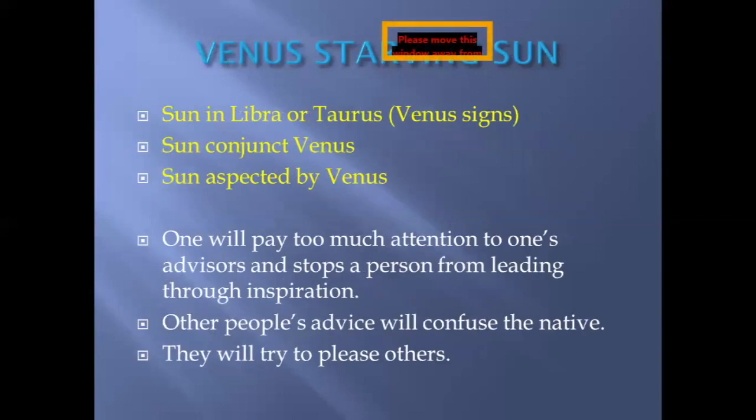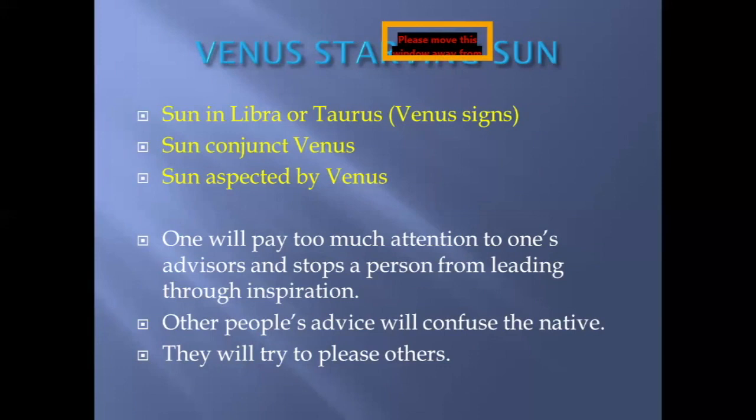Okay, then Venus starving the sun. That happens when the sun is in Libra or Taurus, the signs of Venus, when the sun is conjunct Venus, or when the sun is aspected by Venus. So what's going to happen with this starvation? One will pay too much attention to one's advisors, and this will stop the person from leading through inspiration.